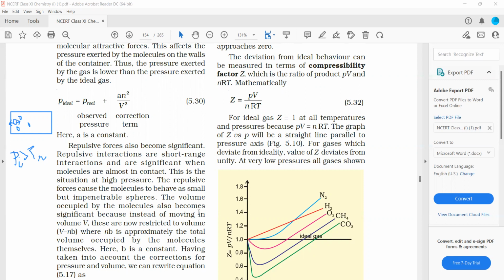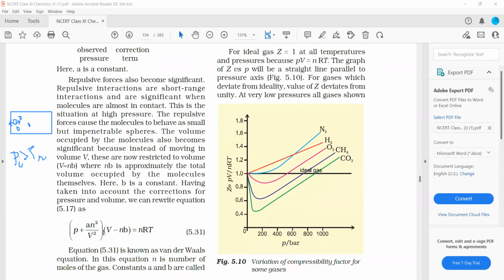Having taken into account the correction for pressure and volume, we can rewrite the equation as this. Now, we know what the ideal gas equation was: PV equals nRT. So we already know that this P can be written in real gas behavior as this, because of the intermolecular force of attraction. And we have assumed that the volume of the gas molecules is negligible in comparison to the volume of the gas, but that is not true at higher pressure.